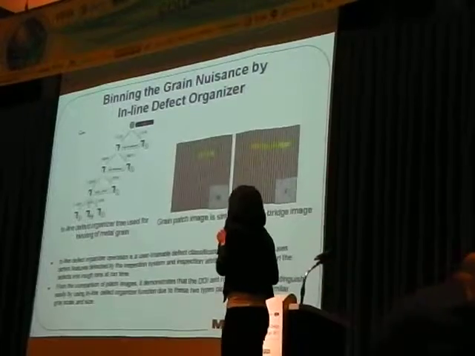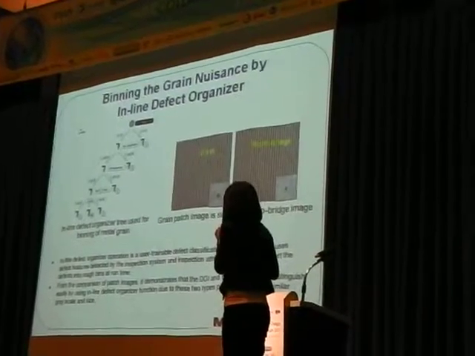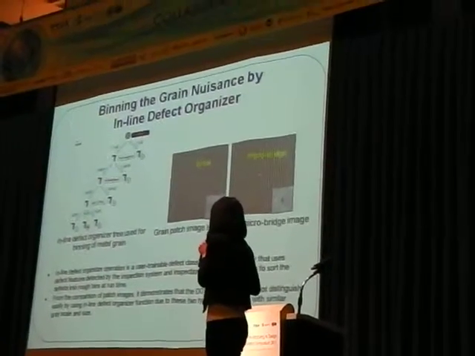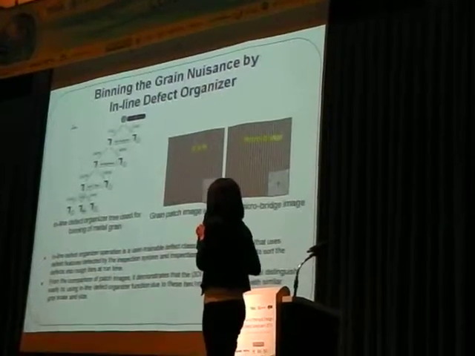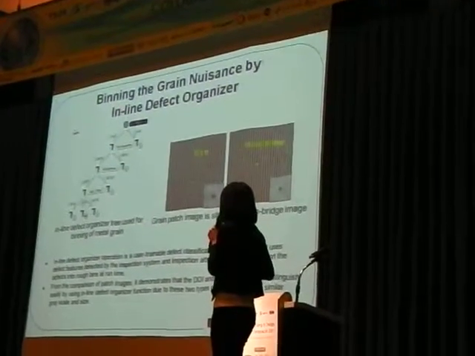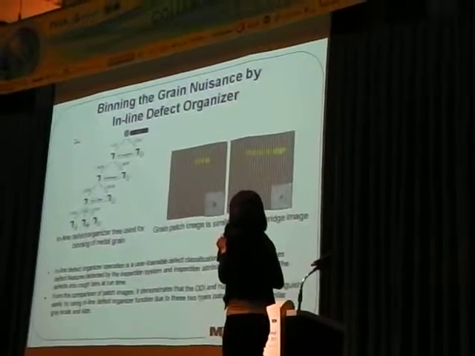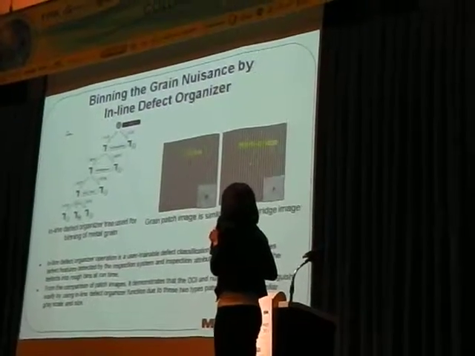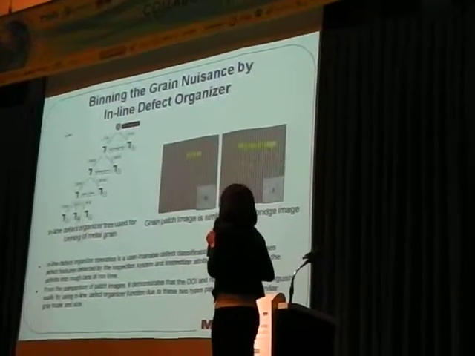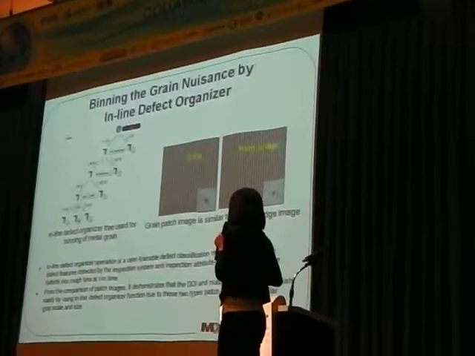And now we will see the inline defect organizer function. The inline defect organizer function is like here, the inline defect organizer tree. It filters the nuisance depending on the defect feature. And depending on this feature, this rule, we will filter the nuisance.